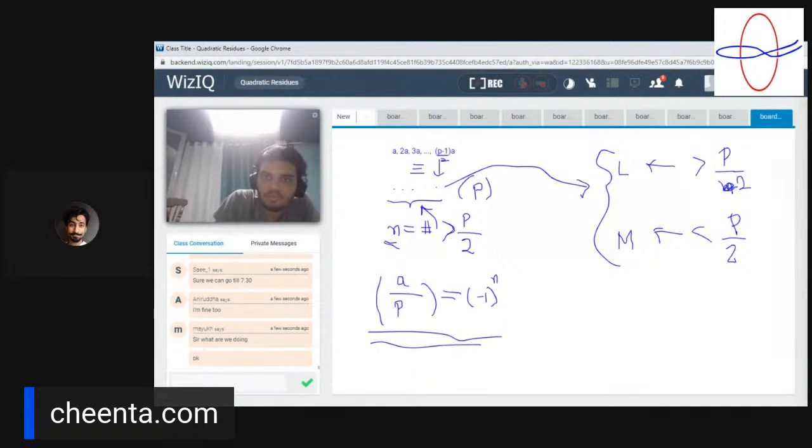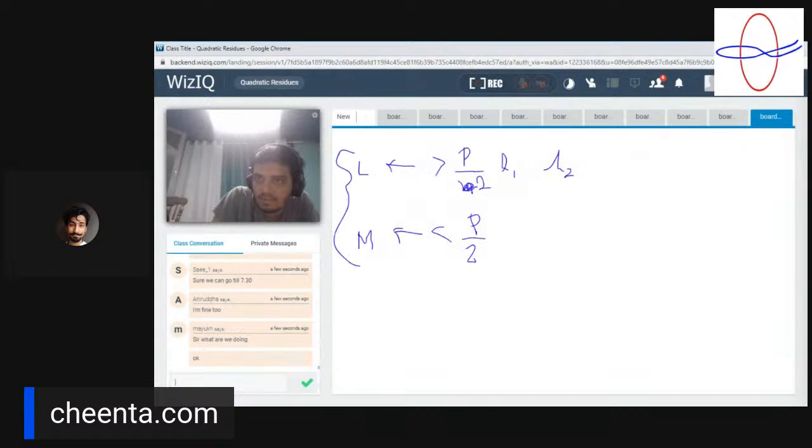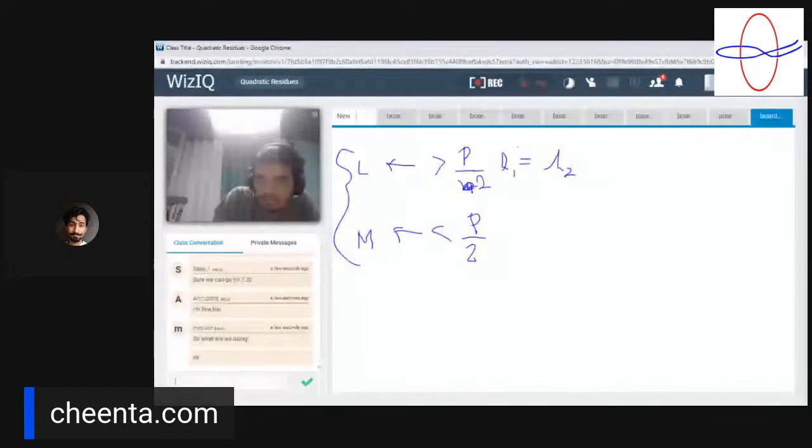Now, what we do is, no two numbers within L, let's say L1 and L2, can be equal to each other. Can you tell me why that is true?